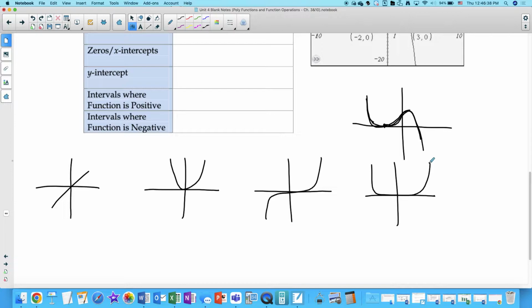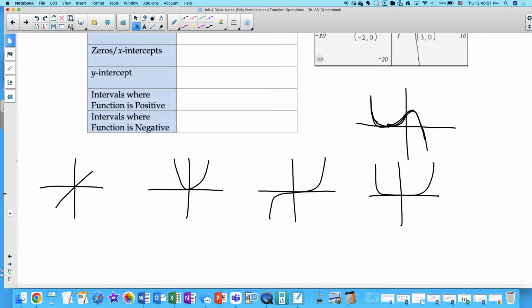Okay, so for example, I know that this is odd. Well, it's linear, but I know that it's odd. I know it's multiplicity 1 because as it passes through, it doesn't kind of level out and then go back up again. It just passes through. Yeah. Okay.